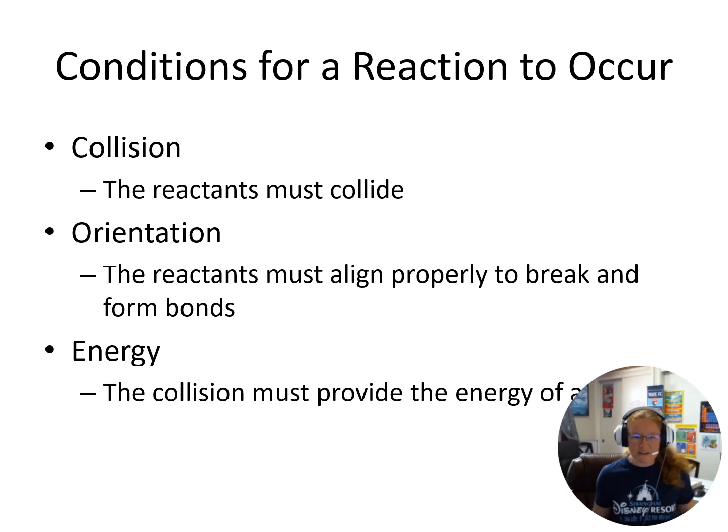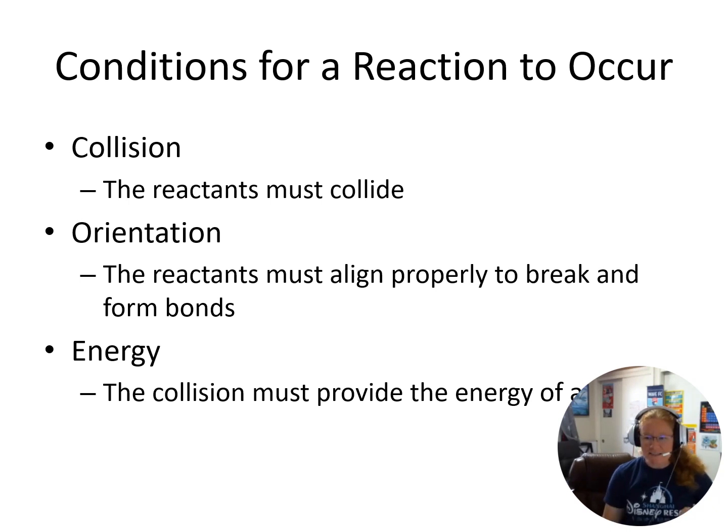So for my reaction to occur, I have to have a collision. All right, again, if I have something all the way over here and something all the way over there, I can't form any products because they're not interacting with each other. They have to smash into each other and collide for that reaction to get started. The other thing is things have to be done in the proper orientation.